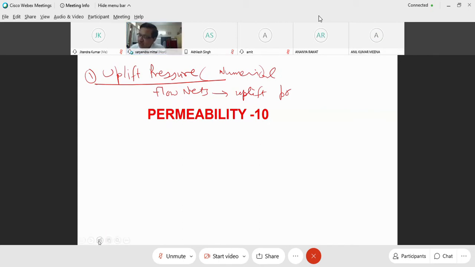The second very important thing is exit gradient and piping.